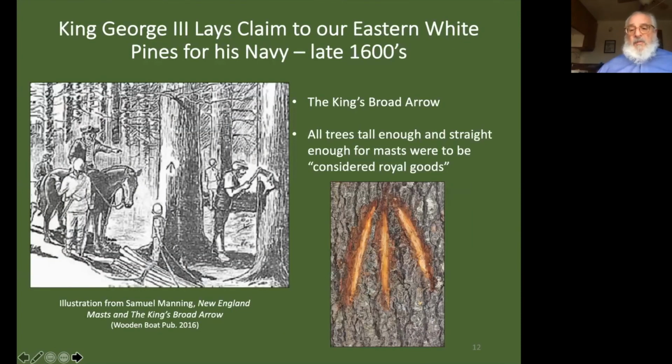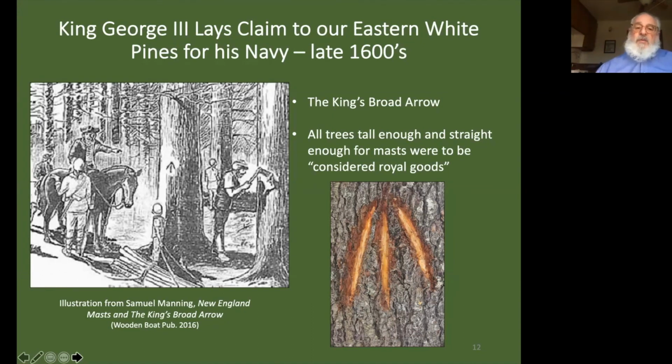And then one of my favorite parts of this is when King George decided to have his broad arrow, these three gouges out of the bark of a tree, to mark the tree so that it would be considered for royal goods.